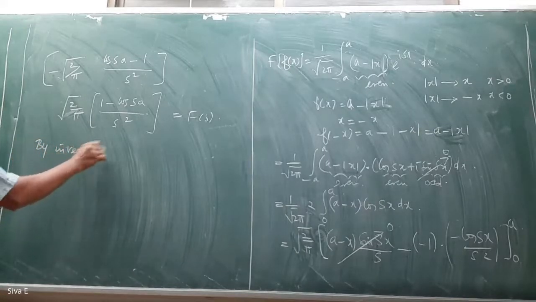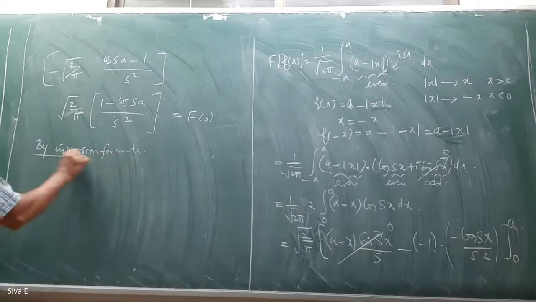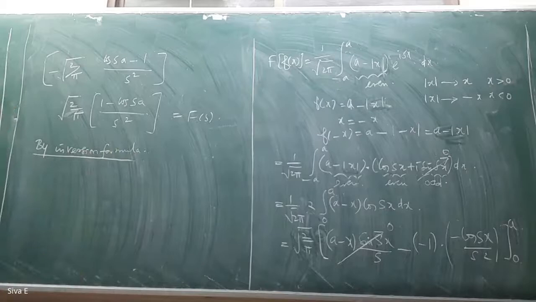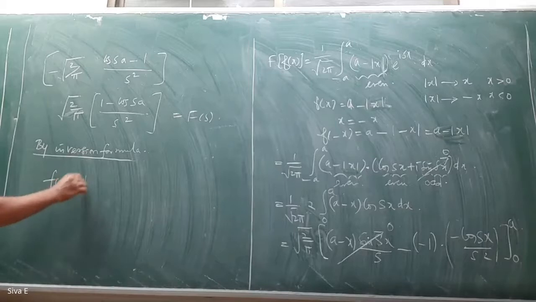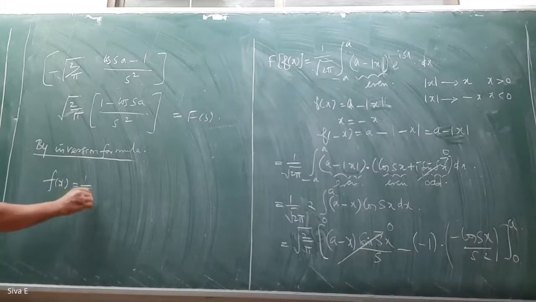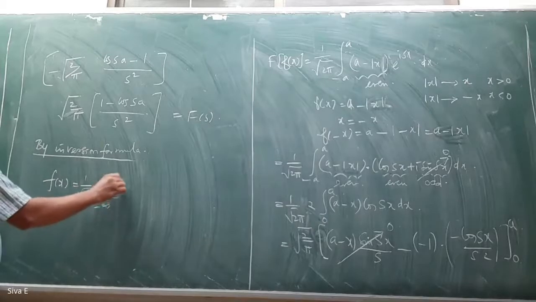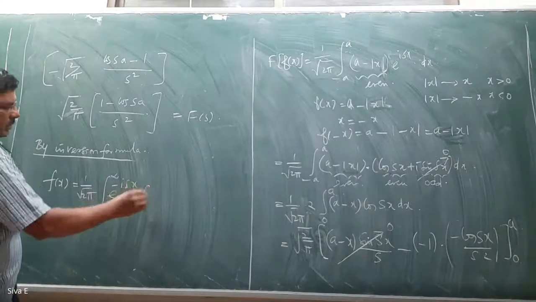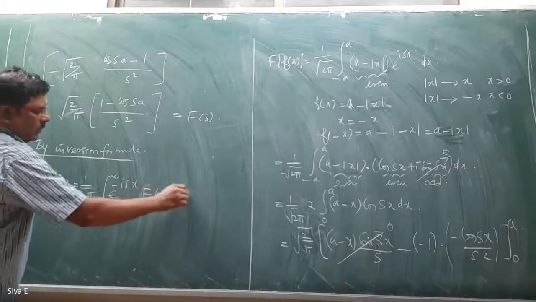By inversion formula, what is the inversion formula here? f of x equal to 1 by root 2 pi integral from minus infinity to plus infinity e power minus isx F of s ds.